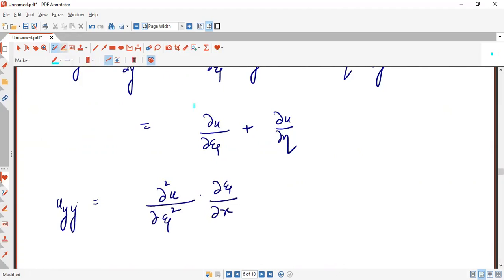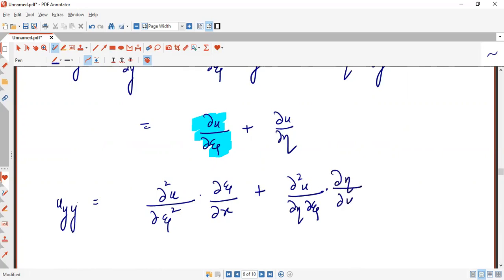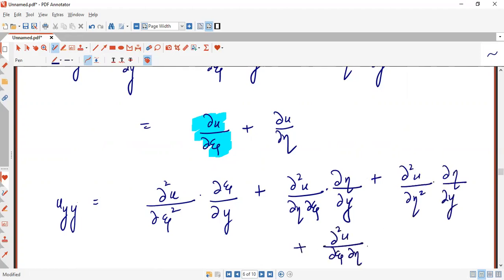Now I'm differentiating this again with respect to η, so I will get ∂η∂ξ, because I have differentiated this with ξ already, and now with respect to η, ∂η/∂y. Plus ∂²u/∂η² into ∂η/∂y plus ∂²u/∂ξ∂η into ∂ξ/∂y.